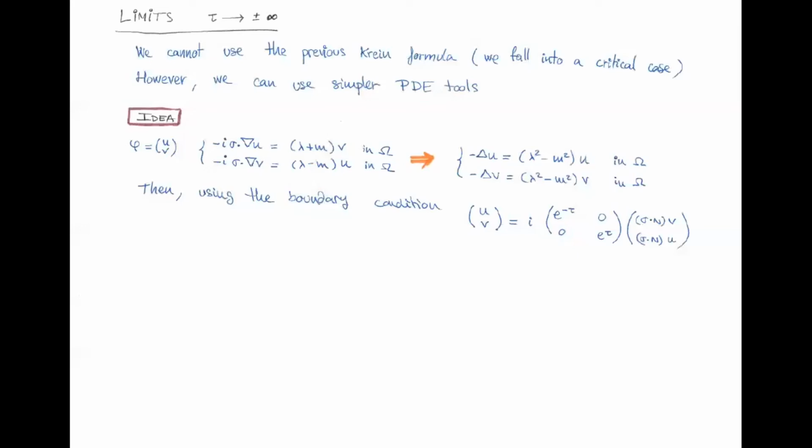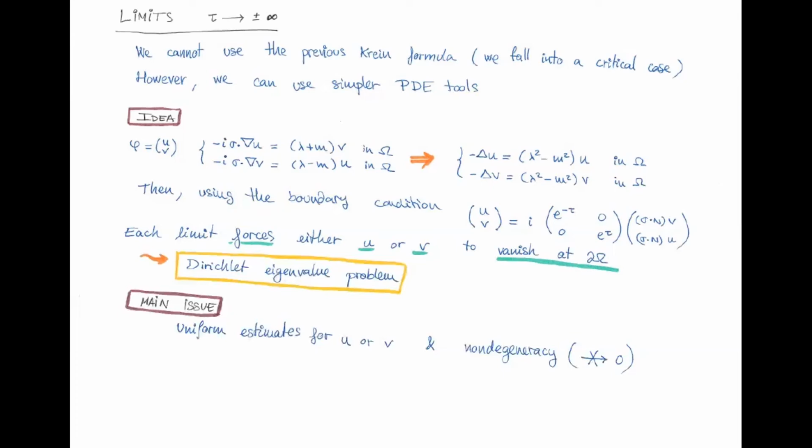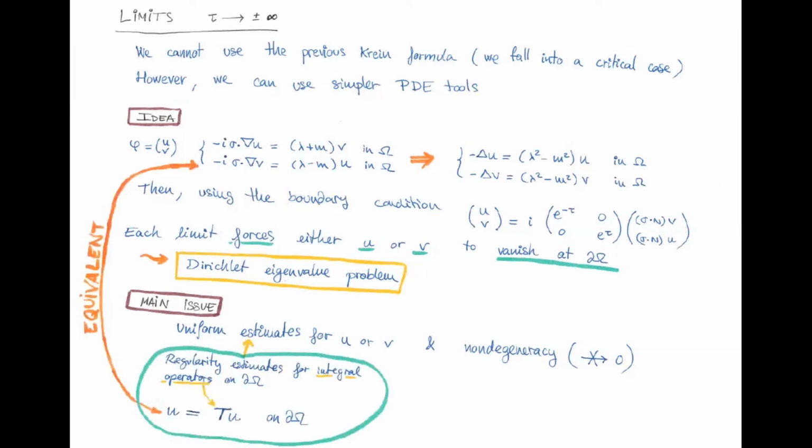And then, in order to prove this thing about the limits, you need to have some compactness for this, if you want to take limits when tau goes to plus or minus infinity. But you can do it, and to do it we need to use several tools that I'm not going to describe here.